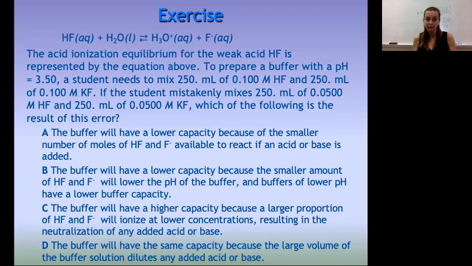Well, we're going to have a lower capacity, because we have a smaller number of moles of hydrofluoric acid and of the fluoride ion. And that's going to lower the capacity because there's fewer moles available to react. And so we're going to choose A.